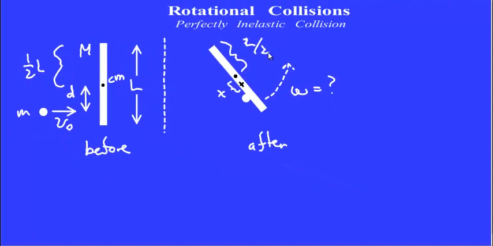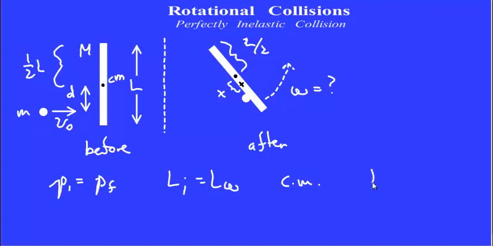We're going to throw all the tools that we have at this problem, and that means linear momentum conservation, angular momentum conservation, and the center of mass equation. Remember you learned how to find the center of mass of a system of objects.